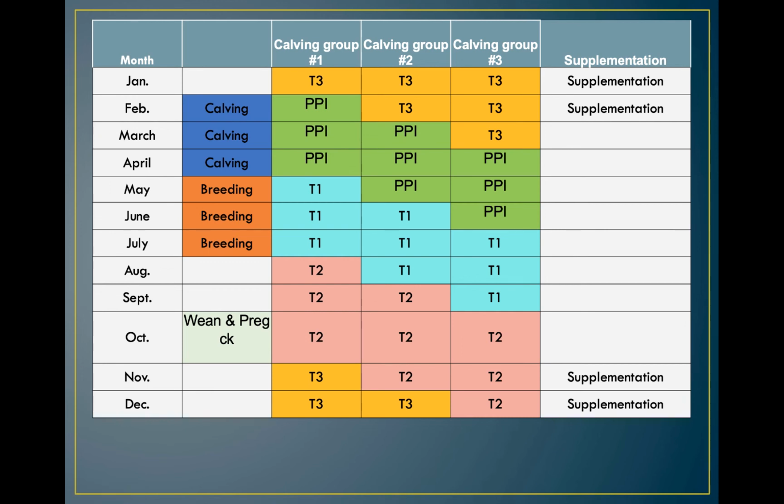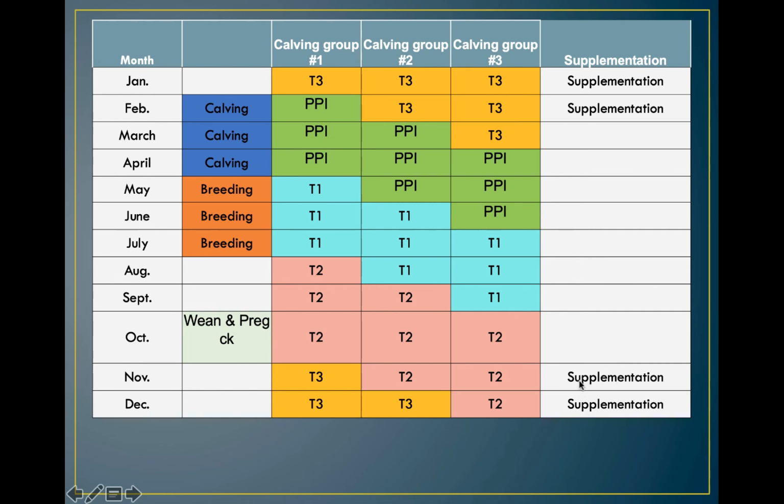So the question here is now that we've got this staggered calendar set up, where does supplementation need to take place? So if I am in a ranching situation in California and my cows are going to be transported in the fall to the valley, I'm going to need to make sure that they are supplemented starting with the earliest calving group being in trimester 3, because that's where 70% of fetal growth actually takes place.